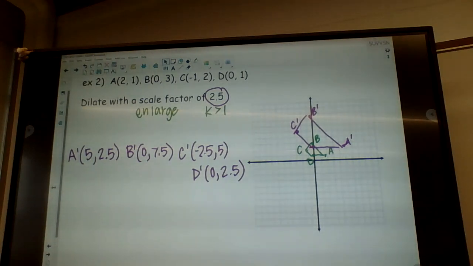Again, when you guys are ready, put that over. You ready to flip it over?